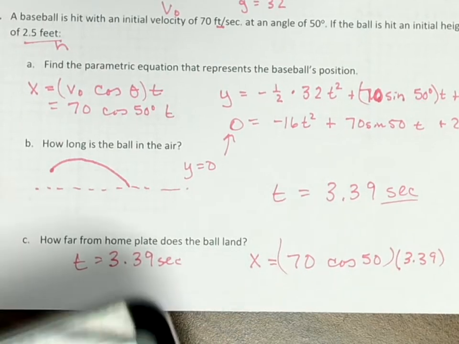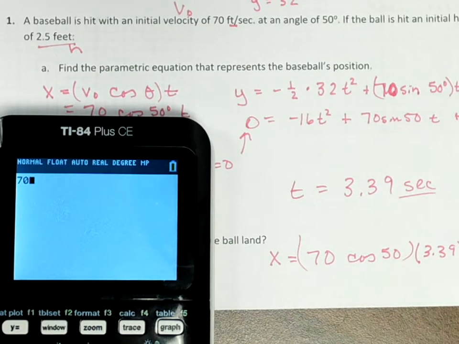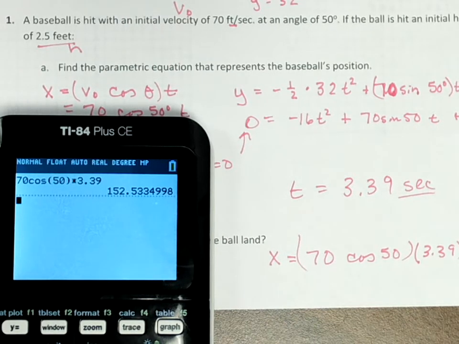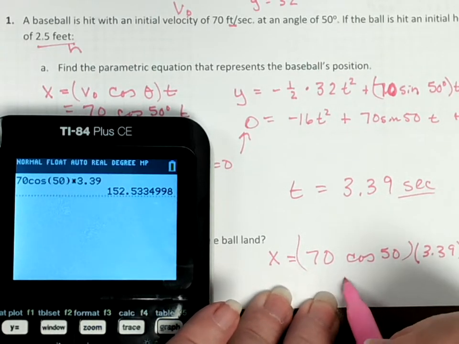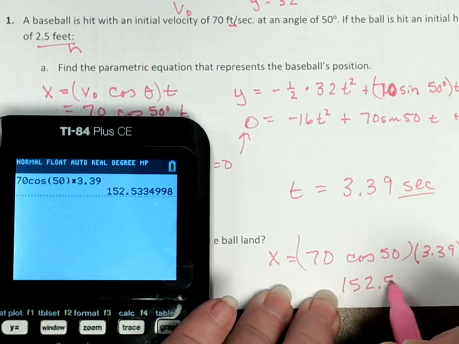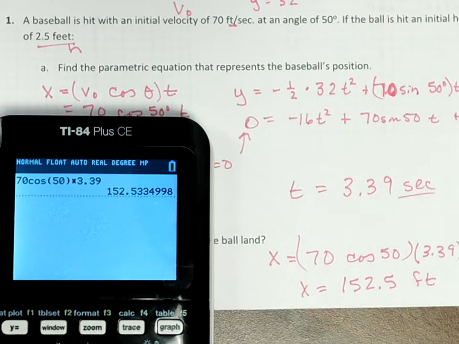So let's pick up our calculator, go to the home screen, 70 cosine of 50 times 3.39 seconds, and the ball landed 152.5 feet away from the thrower.